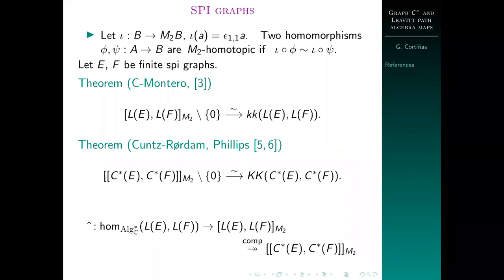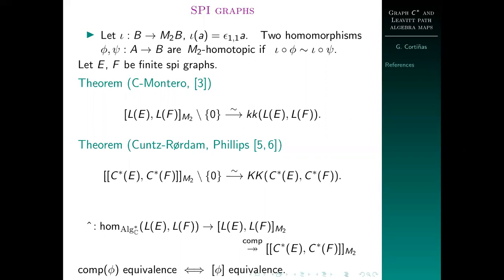And so we have the completion map that assigns to a star homomorphism from LE to LF an M2 homotopy class, and it maps onto the M2 homotopy classes of C star algebra maps. And moreover, comp of an element is an isomorphism if and only if the element was already an isomorphism. Okay, so this gives you part of the theorem already.